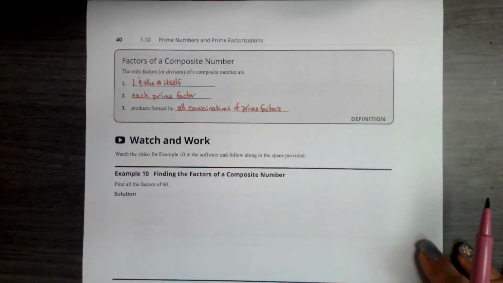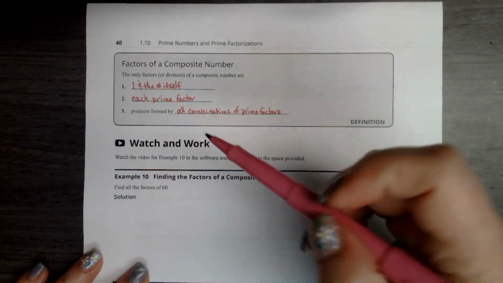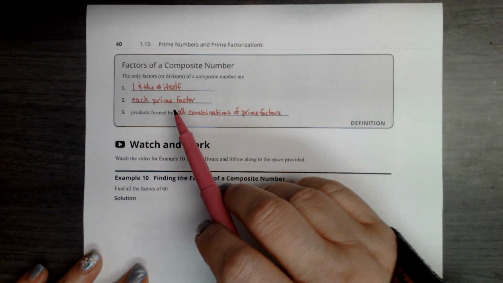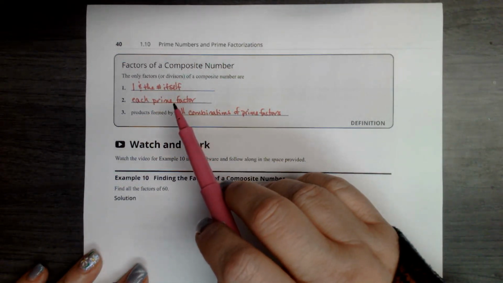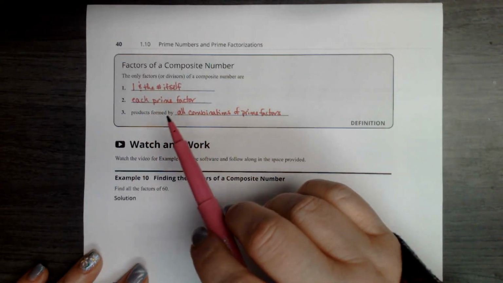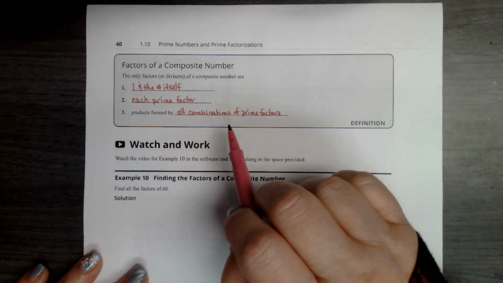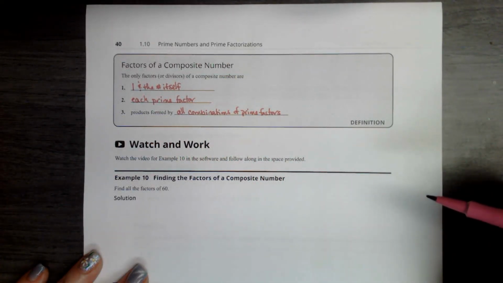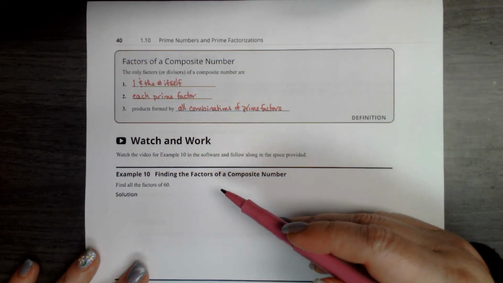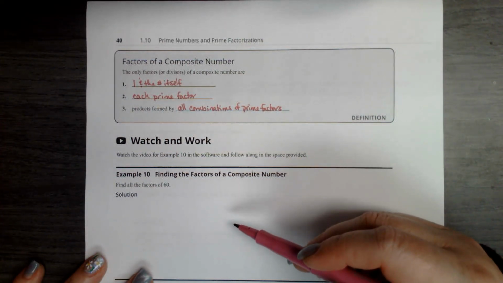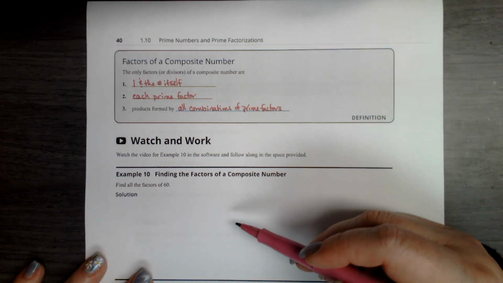Factors of a composite number. You could have 1 and the number itself. You could have each prime factor. You could have the products formed by all combinations of prime factors. So, they wanted us to find all the factors of 60.